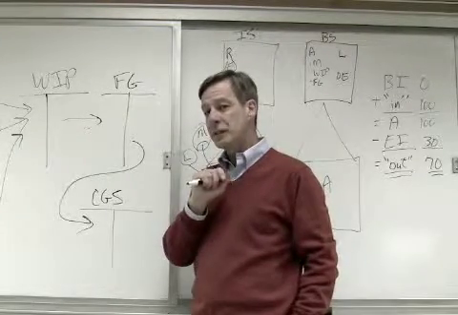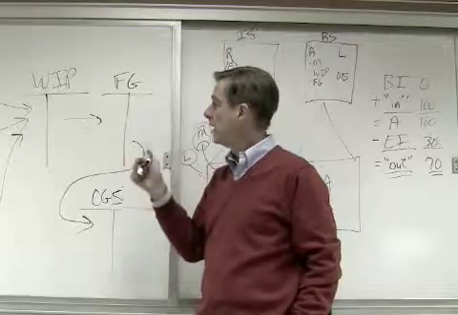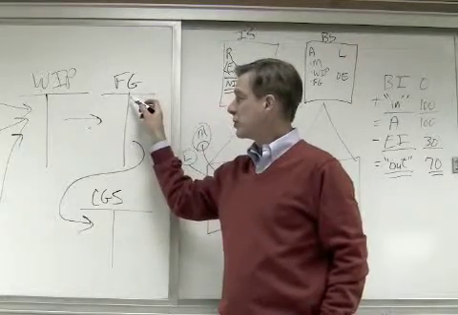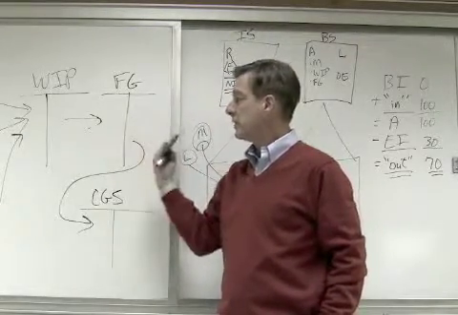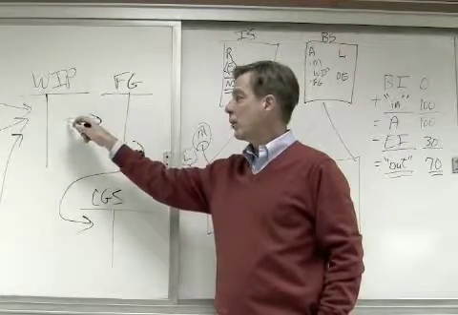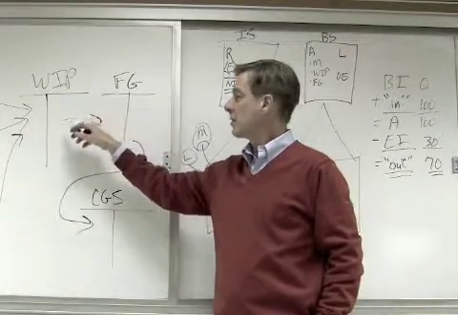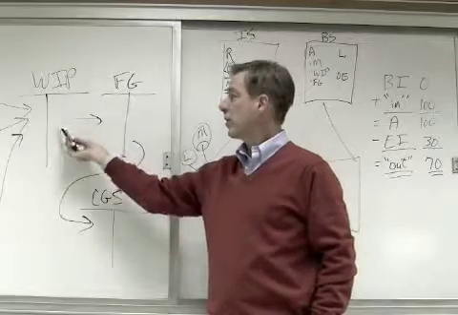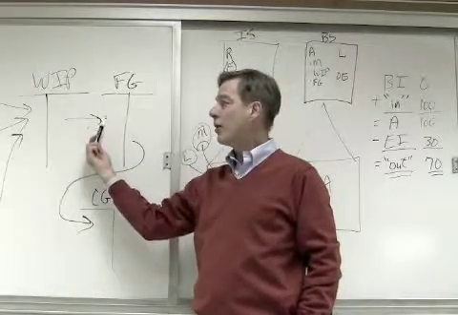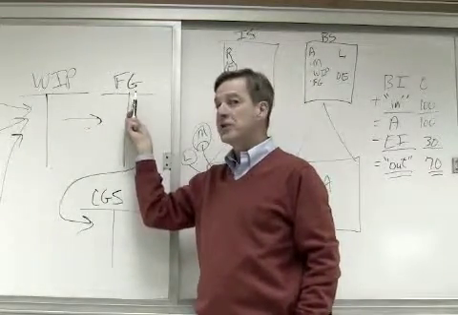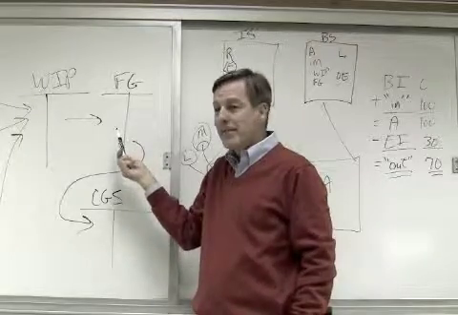And finished goods, as we've already said, works the same way. We have a beginning balance of finished goods plus whatever comes in, which would be the work in process costs that were transferred over. So the work in process amount that's going out is the finished goods amount coming in.